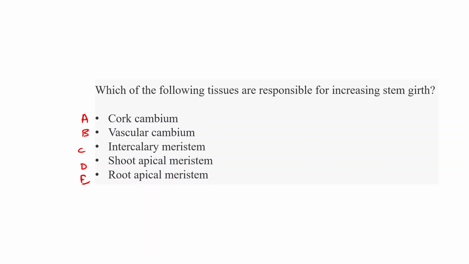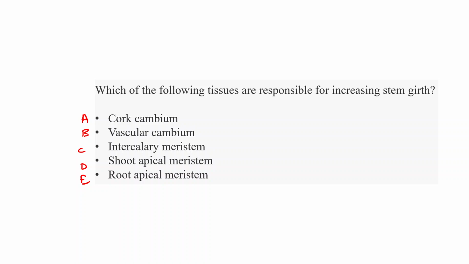Because vascular cambium is the primary driver of secondary growth. That means it helps in increasing the thickness of the stem. It produces the secondary xylem on the inside and secondary phloem on the outside, which adds bulk to the stem's thickness. Therefore vascular cambium is one answer.